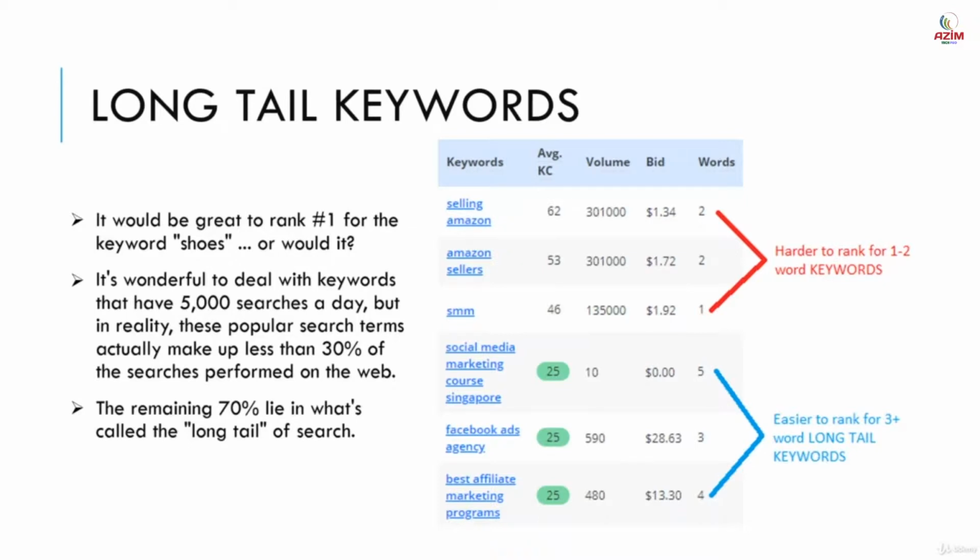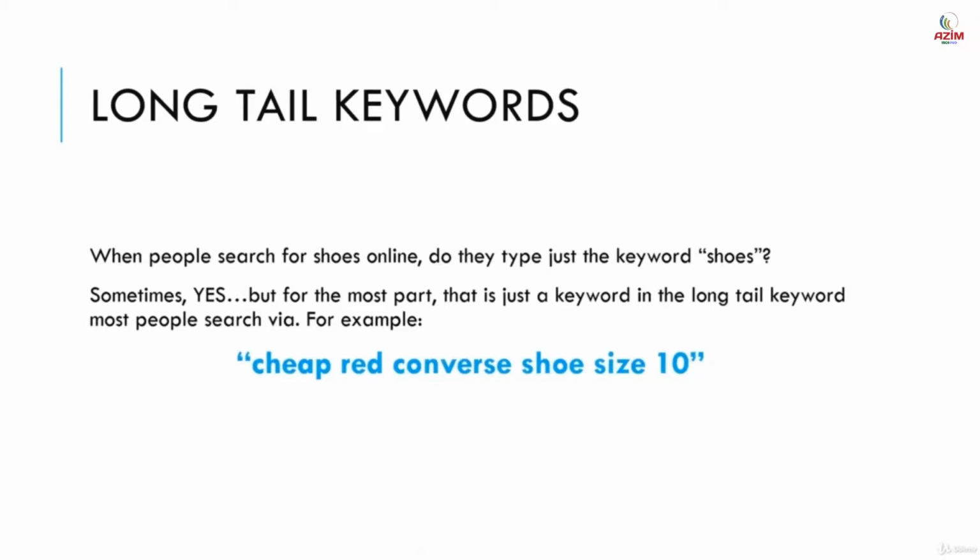There's a great long tail keyword. These are longer keyword phrases that, yes, are searched less than the keyword shoes alone. But these long tail keywords are easier to rank for in Google. Now think about long tail keywords for a second. When people search for shoes online, do they just type in the keyword shoes?